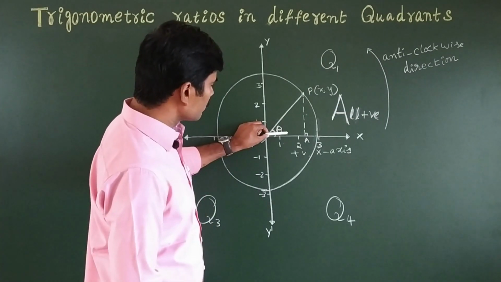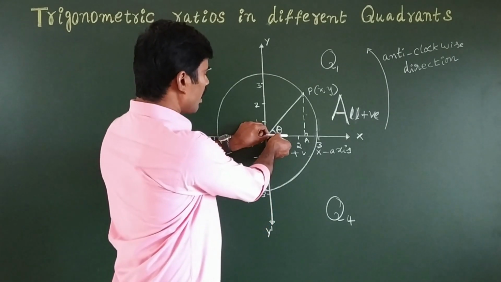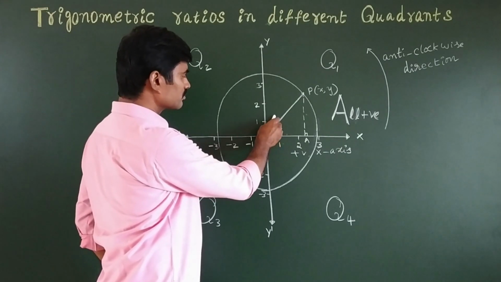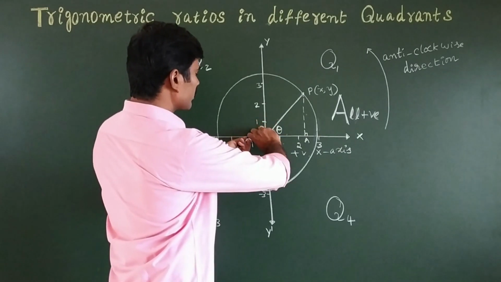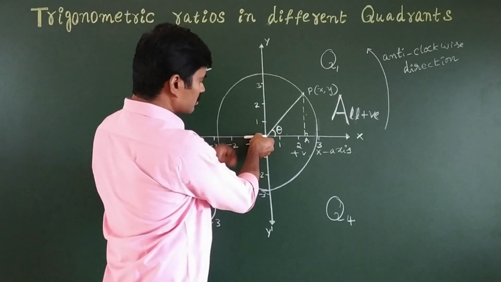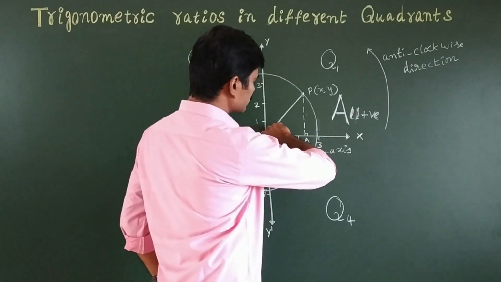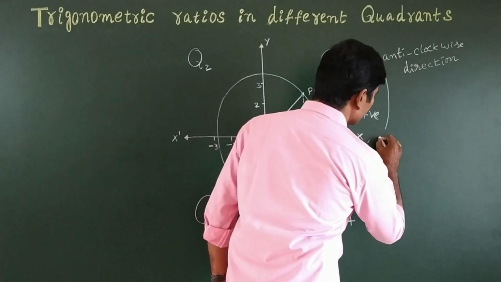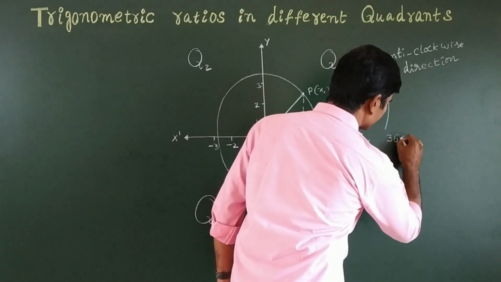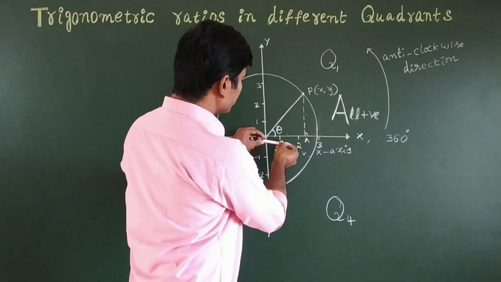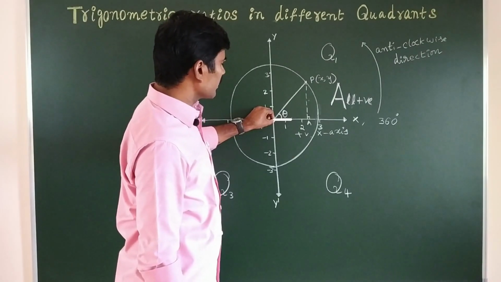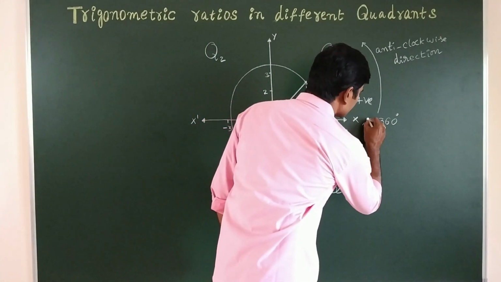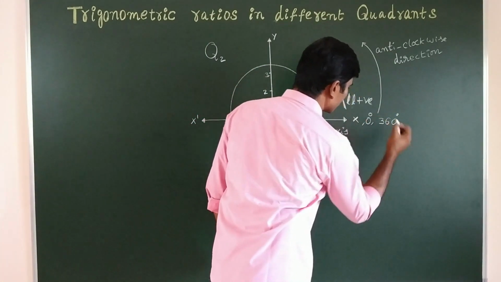Take OX as the initial ray, and this chalk piece, for example, as the terminal ray. Suppose the terminal ray makes one rotation, then the angle with the positive x-axis is 360 degrees. If the initial ray and terminal ray are in the same position, the angle between them is 0 degrees.